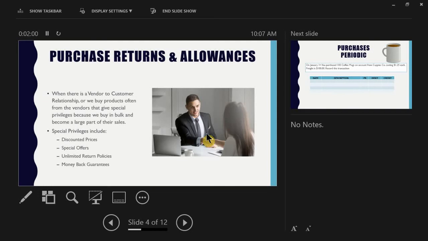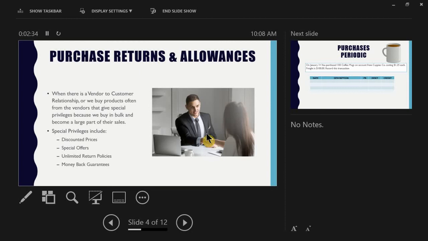Now, of course, from a vendor's perspective, they want to keep your business, because oftentimes vendors will say that you are probably one of their bigger clients, because you're the one buying in large bulks, maybe a whole crate of items, or a whole pallet. So you may be purchasing thousands and thousands of items from this particular vendor.